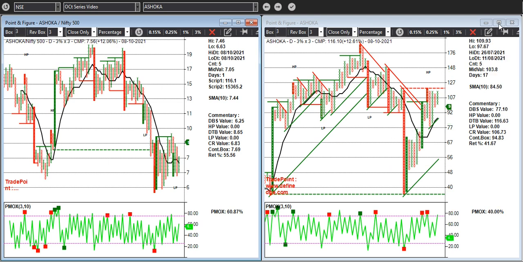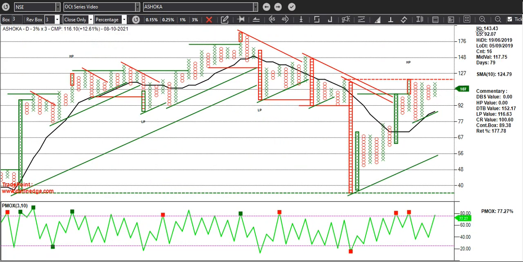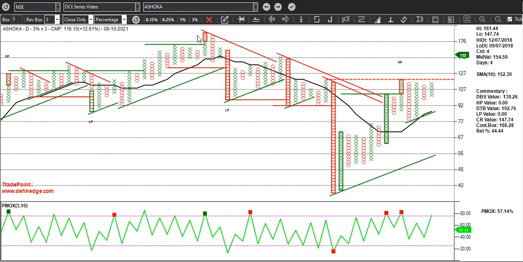And now let us see the chart. The good thing is that these 45-degree trend lines are now broken. This anchor column actually broke the long-term 45-degree lines, which were active from April 2018, and now then we have seen some volatility.